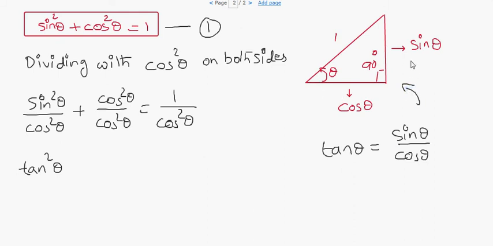Tan theta is opposite side divided by adjacent side, which is, in this case, the opposite side is sine theta, the adjacent side is cos theta. Now sine squared theta divided by cos squared theta is tan squared theta, plus that becomes 1.